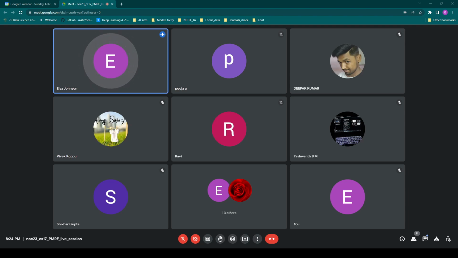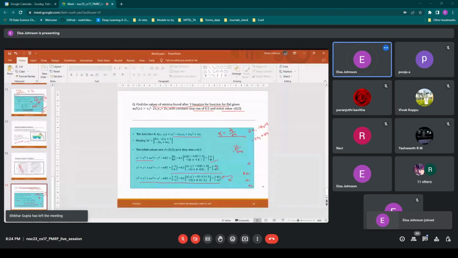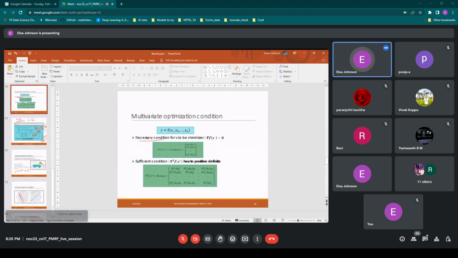Just wait, I'll share the window. So I hope it's visible. So the Hessian is like this one.